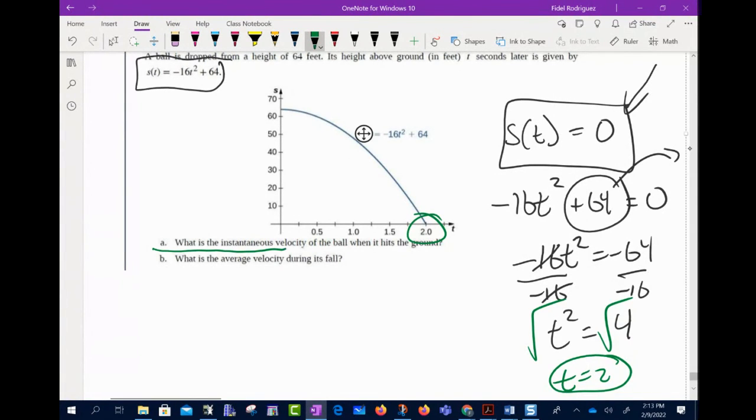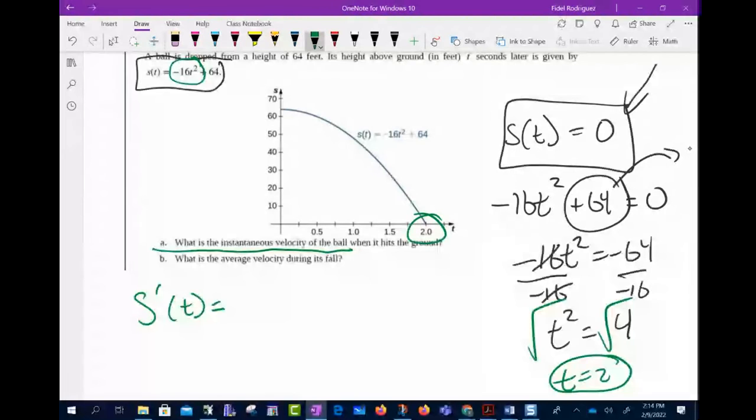Okay, now, when we're going to find the instantaneous velocity, that means we're going to take the first derivative. If we take the first derivative, what's the derivative of negative 16t squared? Negative 32 with a t.